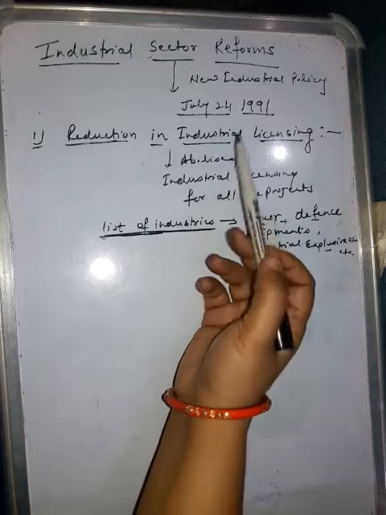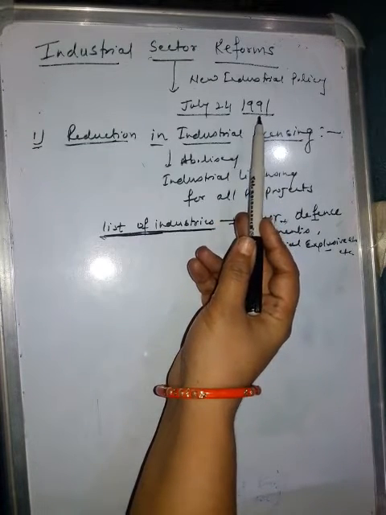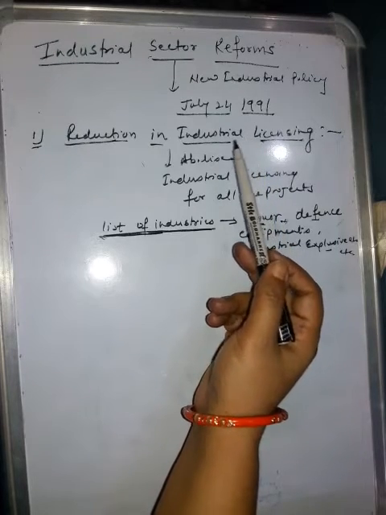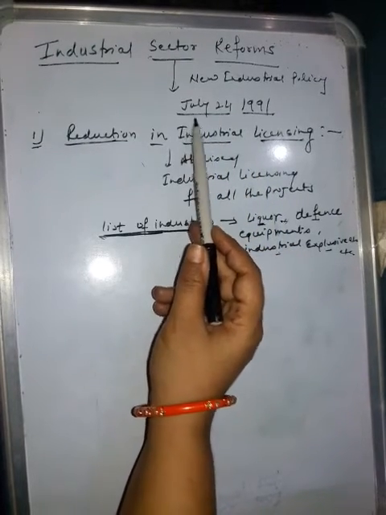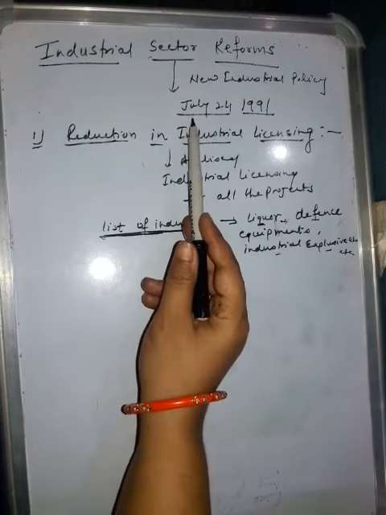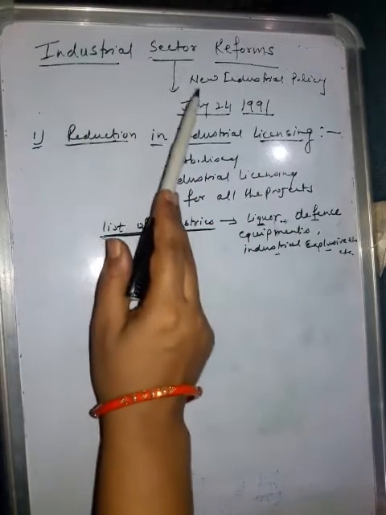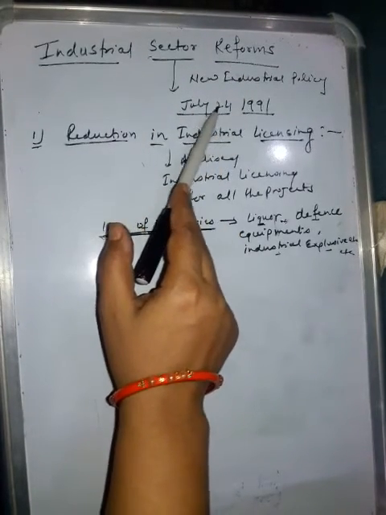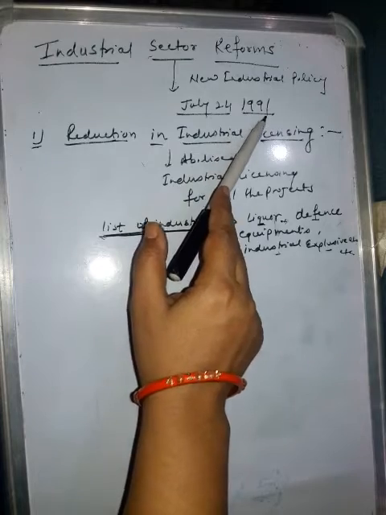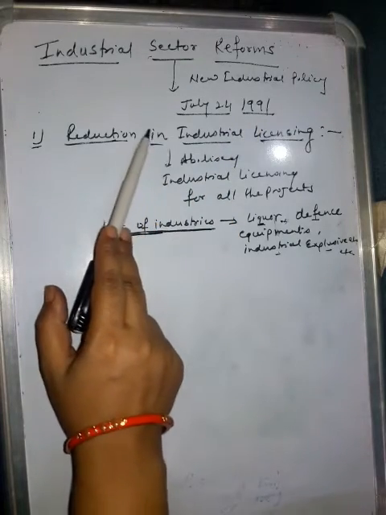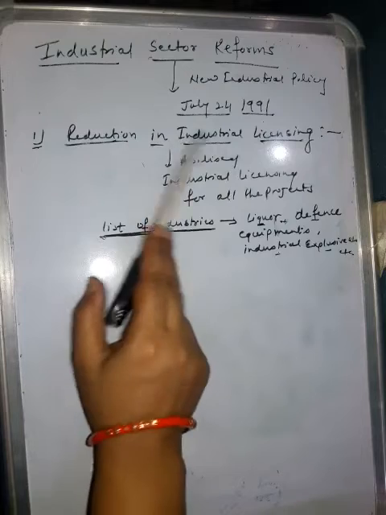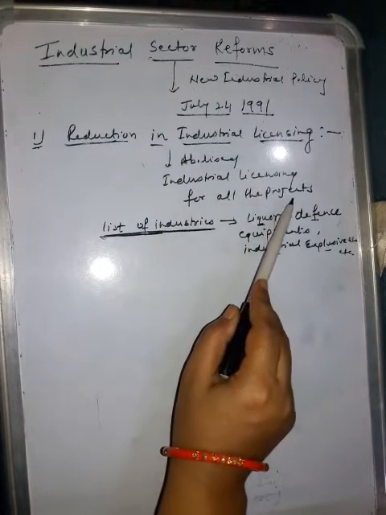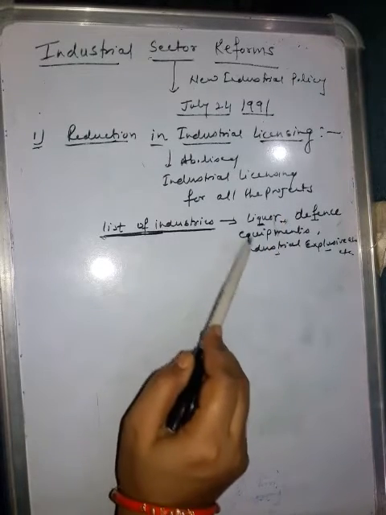As you know, students, before 1991, for setting up new units or expanding or diversifying the existing line of manufacture, the private sector or industrialist needed to take permission from the government. But in these industrial sector reforms started by the government on 24th July 1991, the first thing the government did was abolish this industrial licensing policy for all the projects except the few that I discussed.